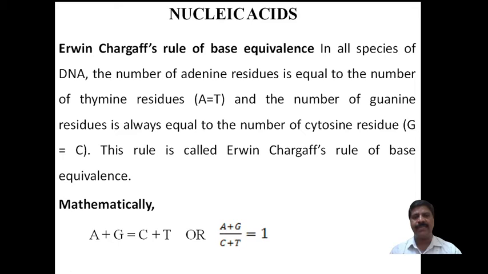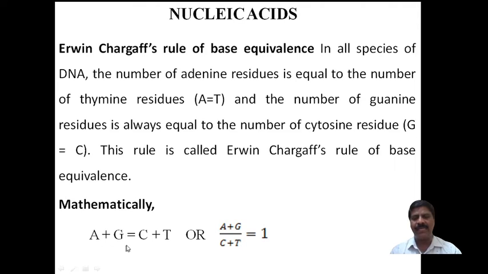Mathematically, we have two equations here. A equal to T, adenine equal to thymine, is equation number 1. And guanine equal to cytosine is equation number 2. Then combining equations 1 and 2, we get this equation: left-hand quantities added to the left side, and right-hand quantities added to the right side.